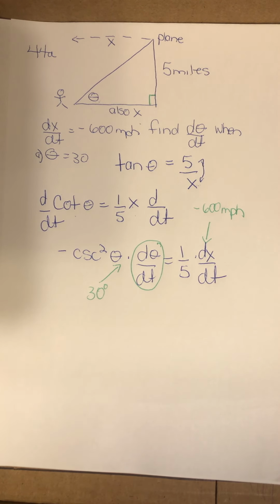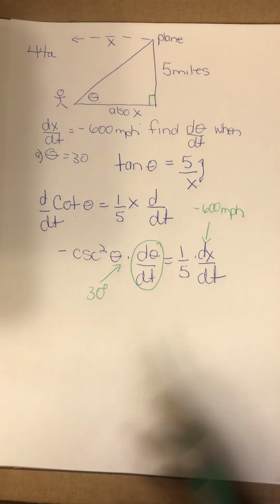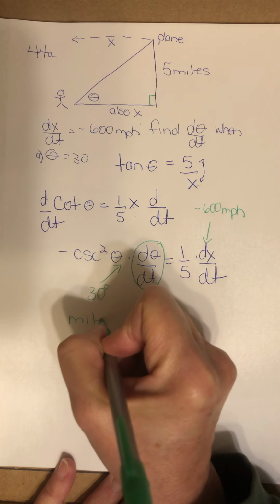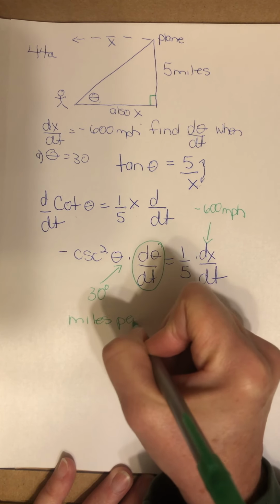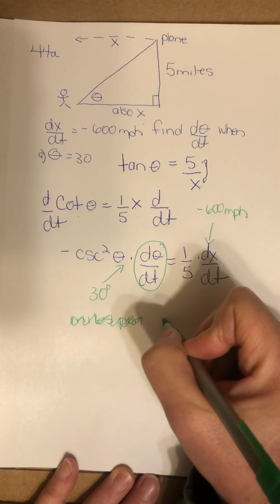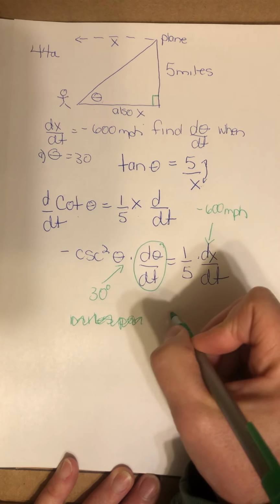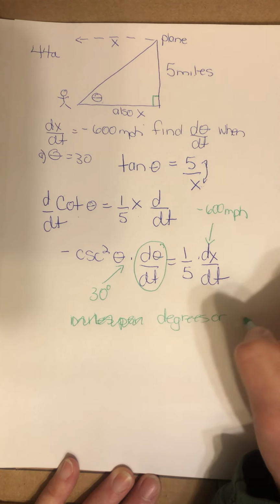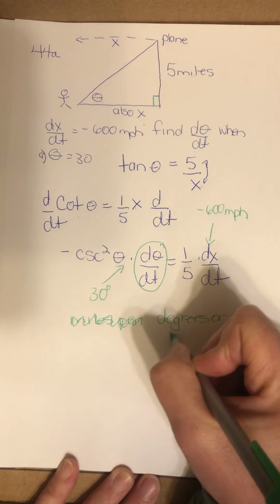Now, in the back of the book, the answer that they give, so once you get your miles per hour, it's d theta dt, so it would be degrees or radians per hour.